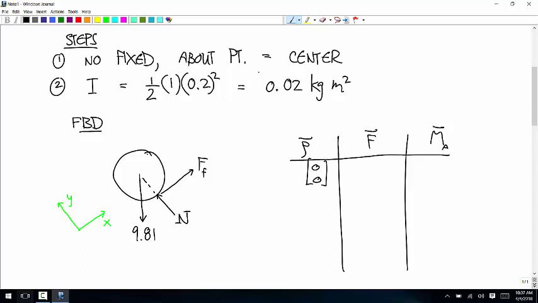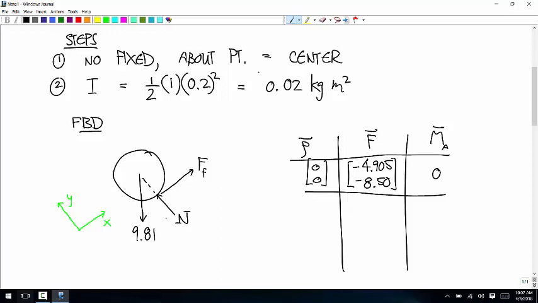Well, this angle is 30 degrees. To go from the positive x-axis to that is 240. So it's 9.81 times cosine and sine of 240, which is, I think, negative 4.905, and then like negative 8.5. And cross product is 0.